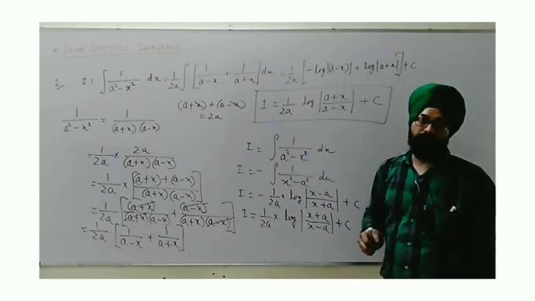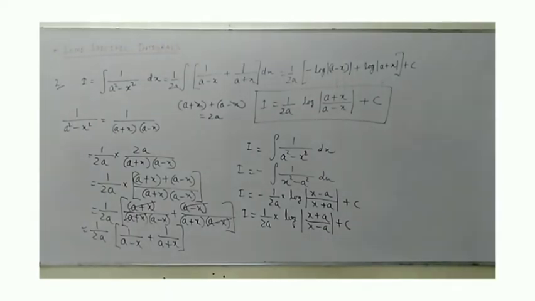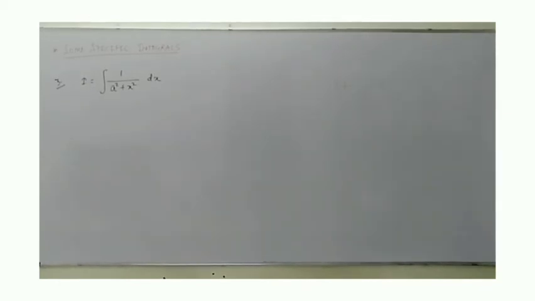Okay, we will switch to the next pattern, the third one. Third one, as you can see, is given as the addition of a square and x square.